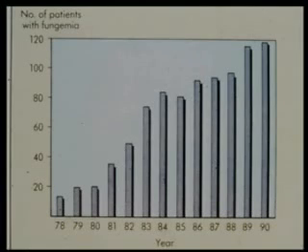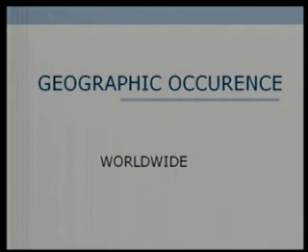Just to give you an idea, look at the increase over these years, when we started using lots of antibiotics and getting into surgery that invaded various tissues, and hospital infections just went up tremendously. They are worldwide. As I told you, we'll be discussing some endemic organisms, so I'm emphasizing where they occur. These occur anywhere.